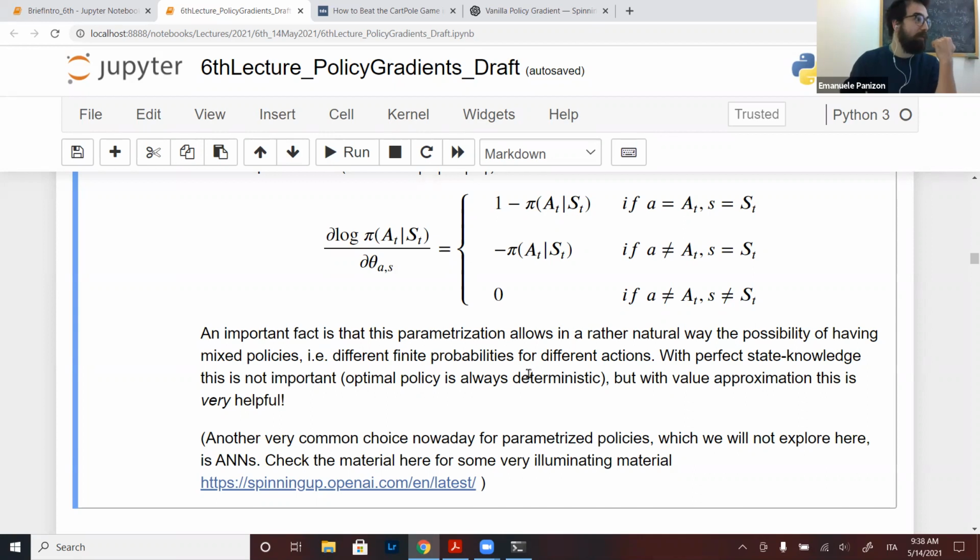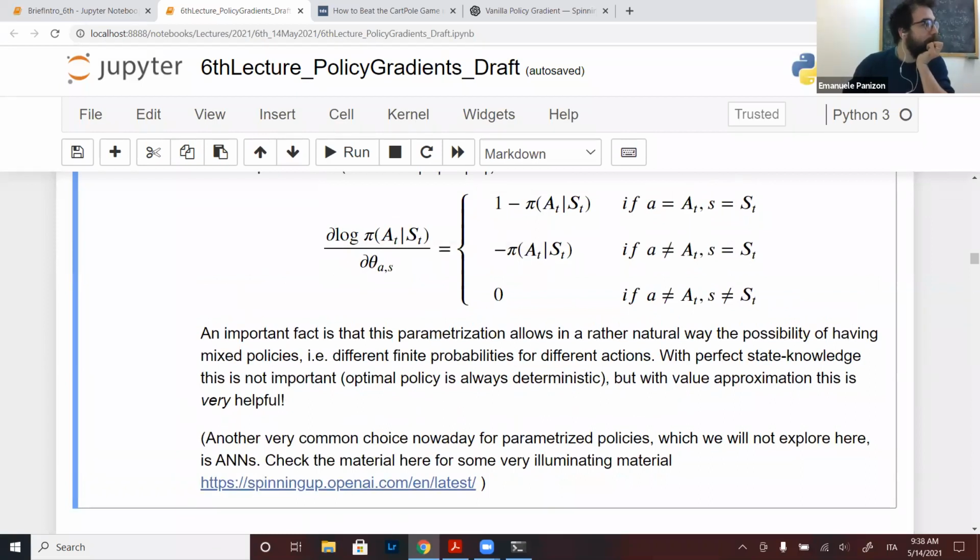But since we have value approximation, it may well be that the best way to maximize this G is actually to have finite probability. So this is a very important part of these softmax policies.